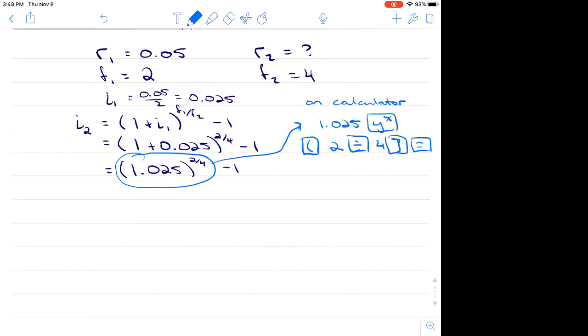And then equals 1.025 to the power of 2/4. Oops, I forgot my brackets. I make a big deal about brackets and then I don't use them. So I get 1.012422837. So make sure you get the same thing for that power there.